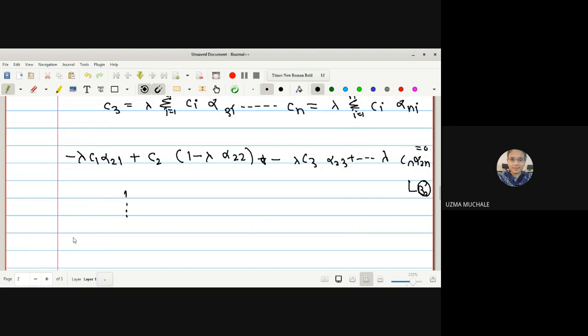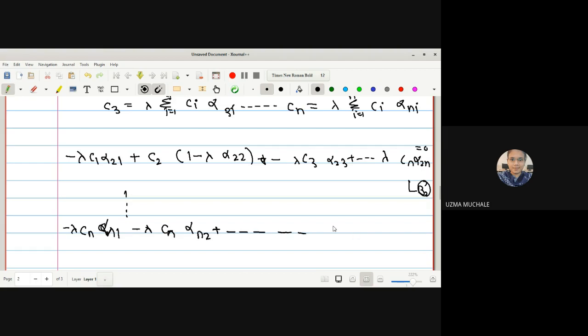Now what will be the equations? The next equation will have c3 outside, 1 minus lambda alpha 33. So in this way we can write the last equation: minus lambda, now it is Cn, nth equation, alpha n1, and next is minus lambda alpha n2, and so on.